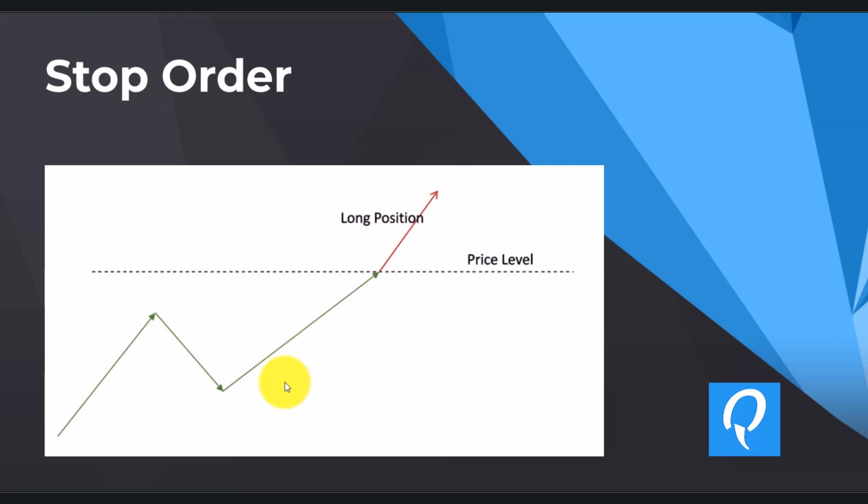And when our robot is set like this, it puts the pending stop order in advance, and when the price reaches and breaks it, the position will be opened in the long direction. If we would want to open the position in a short direction, we would move this line somewhere here at the bottom.